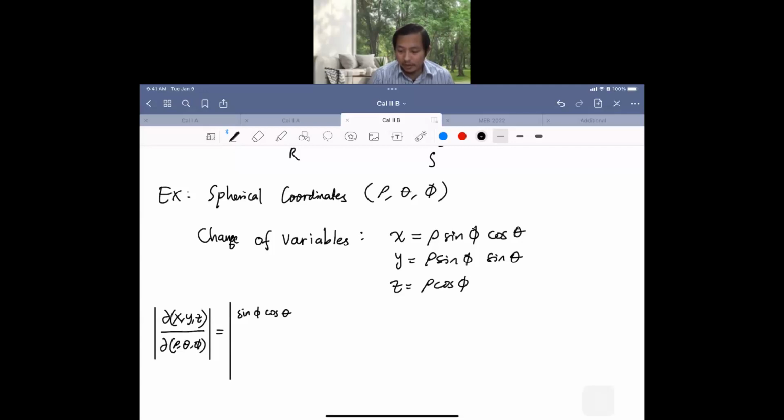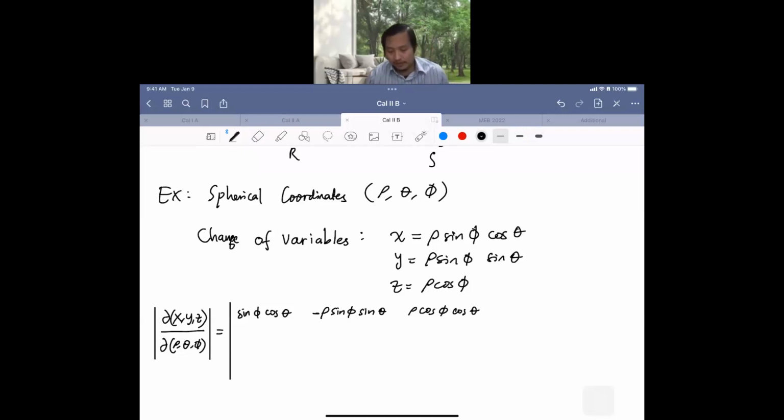Cosine theta, when partially derived, becomes a negative sine, so it will be negative ρ sine psi sine theta. And then we derive the sine, which becomes cosine phi, so ρ cosine phi cosine theta. That's for the first line.